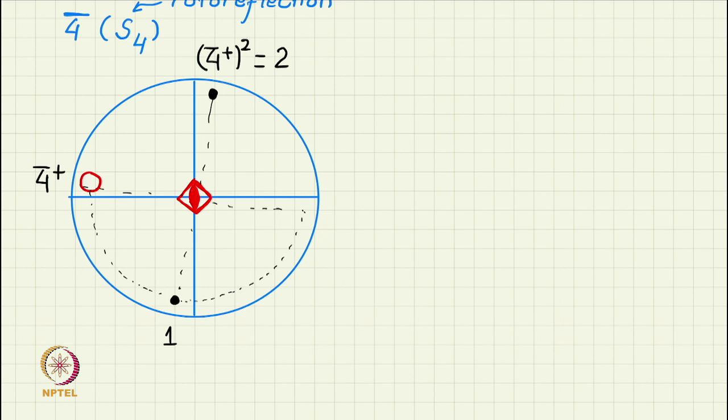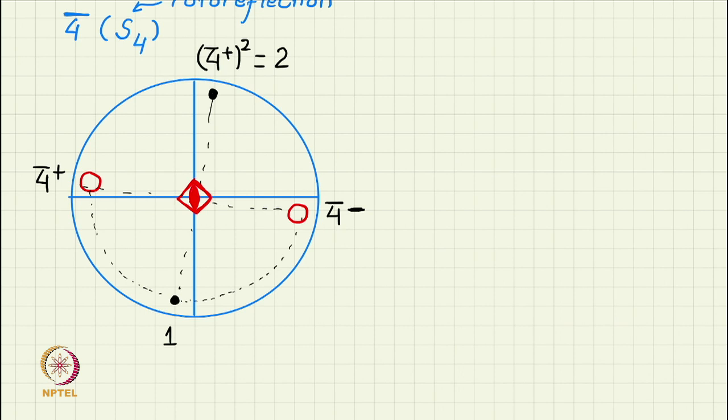And its final stop of journey, one more 4 bar plus operation will bring it here, which will be equivalent, you can convince yourself, to 4 bar operation in the opposite direction. So, that is 4 bar minus. If we apply once more to this 4 bar minus, I come back to 1.